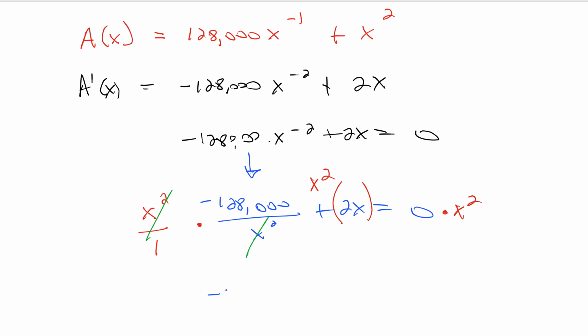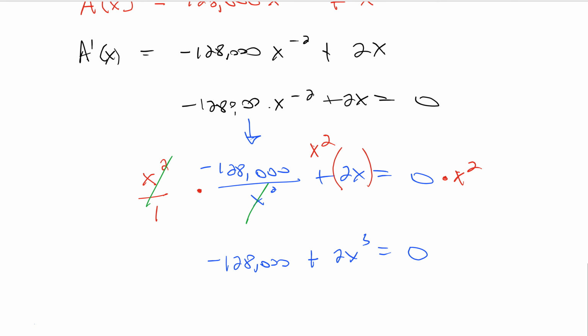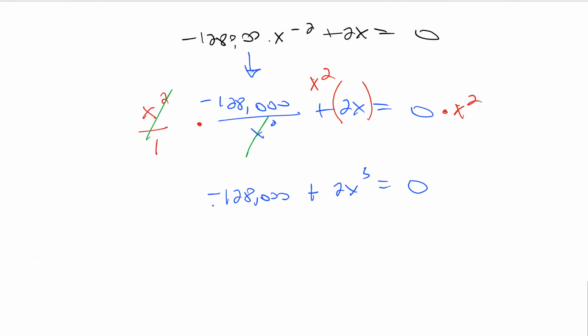Negative 128,000 plus 2x cubed equals 0. Okay. So now we have plus 128,000 on both sides.